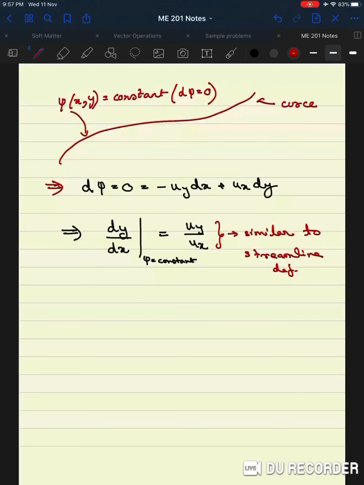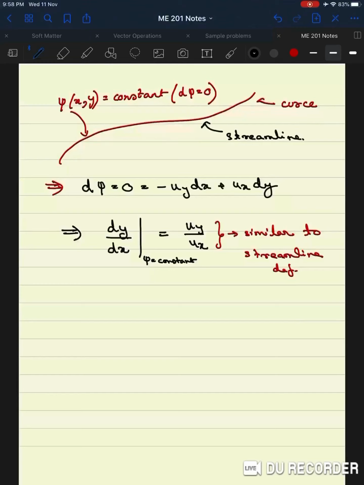So from here it's obvious that you can now conclude that if psi is constant, then this has to be a streamline. So this is a very important understanding, okay, and it allows us to use stream functions to gain important insights into the problem.